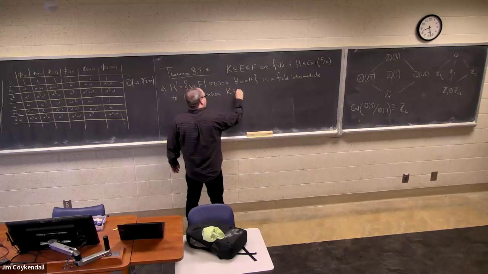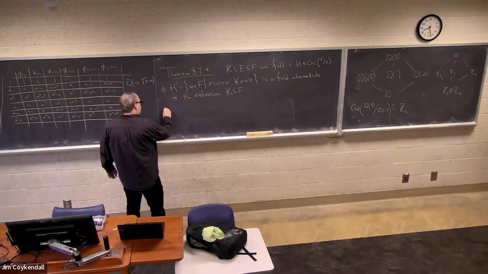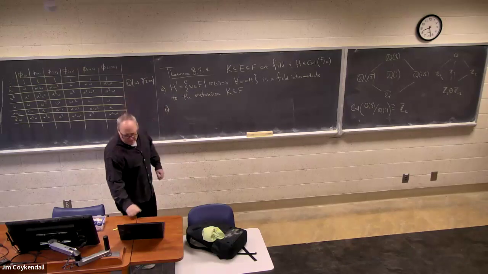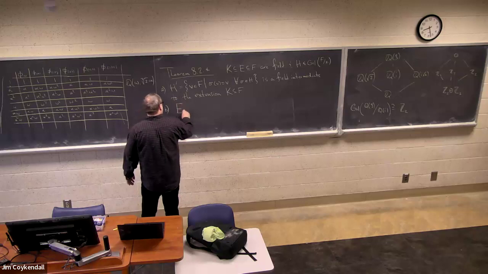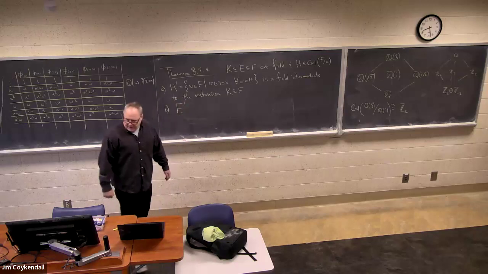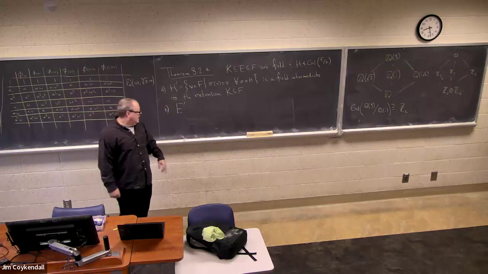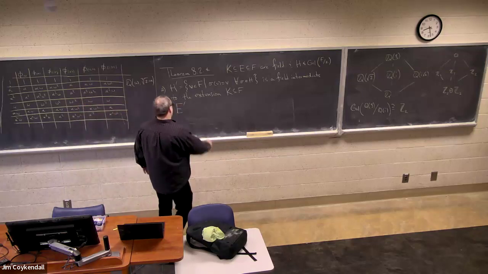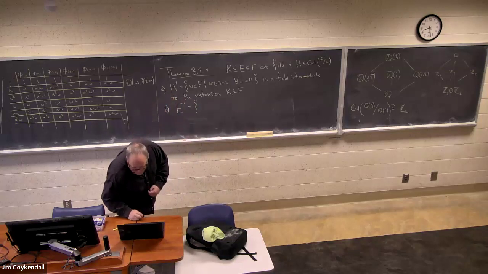K inside F. Now, in this case, I'm starting with E, which is an intermediate field between K and F, and when I prime it, I'm going to get a group. So you prime groups, you get a field; you prime fields, you get a group.